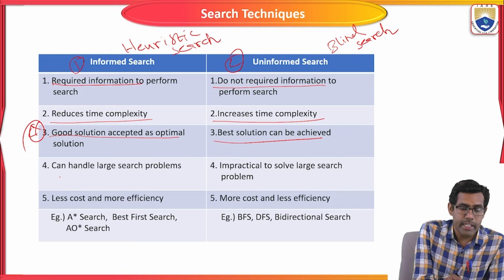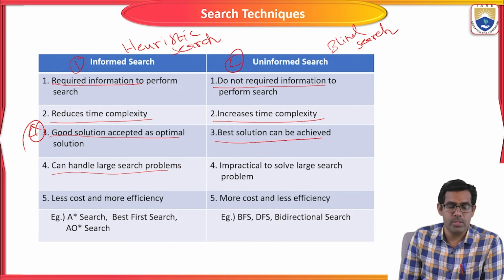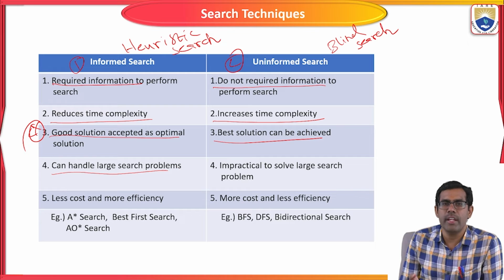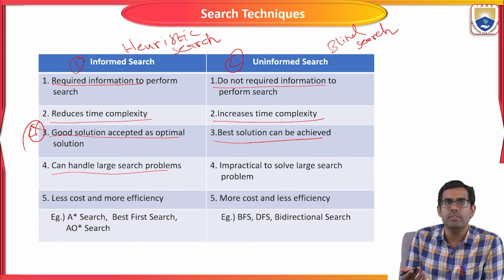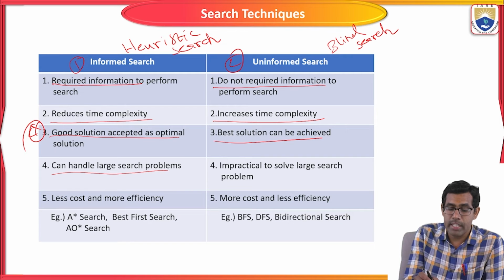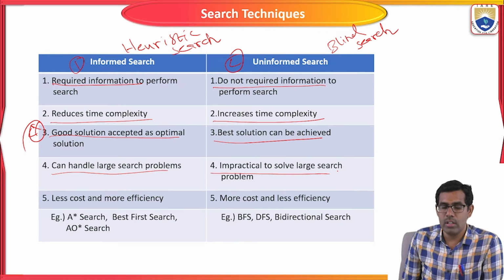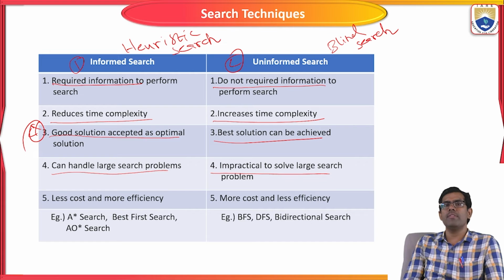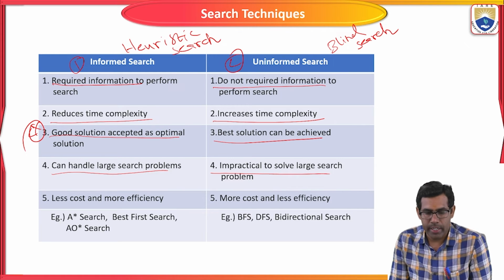Informed search can handle large search problems, because we have enough information and data, so we can go for large search problems. But with uninformed search it is impractical to solve a large search problem, because we don't have enough information or data, so we can't go for such large amounts of data.